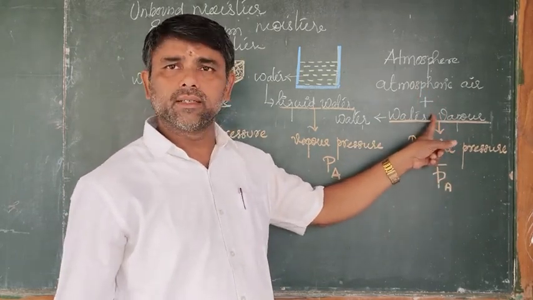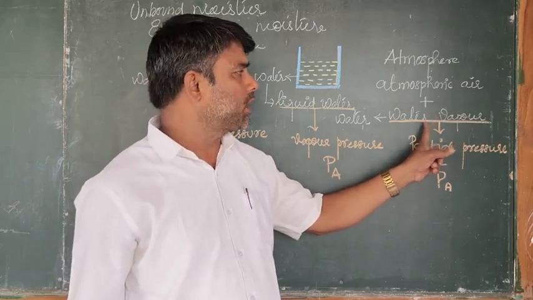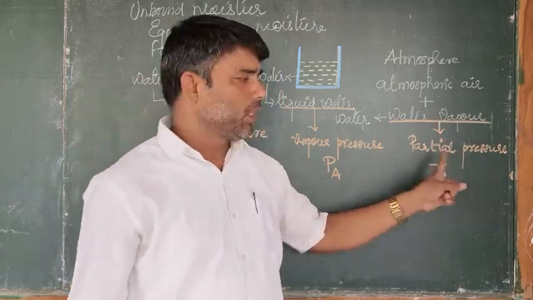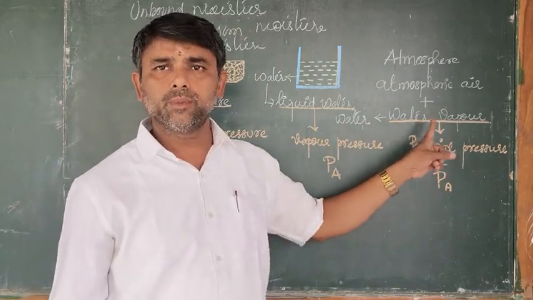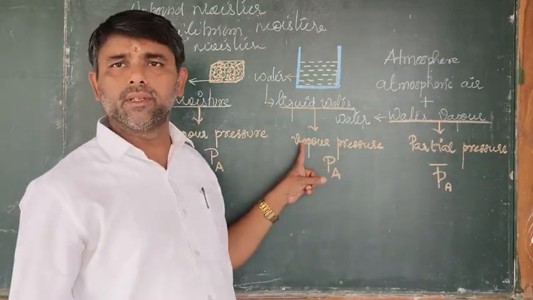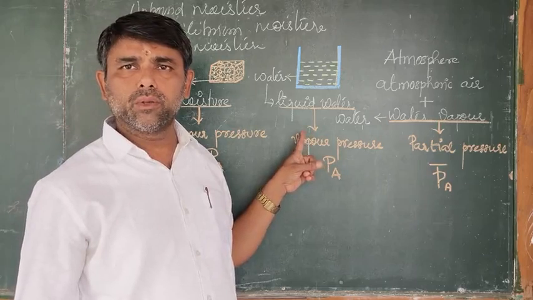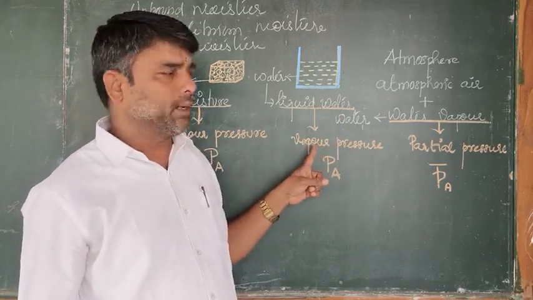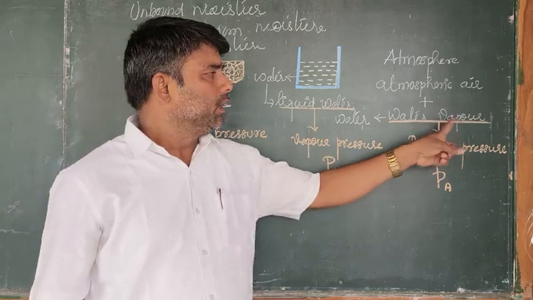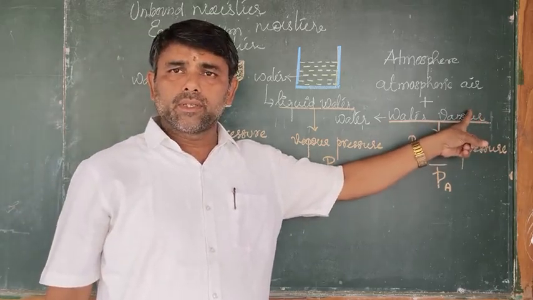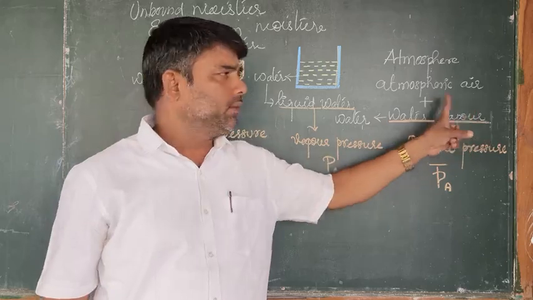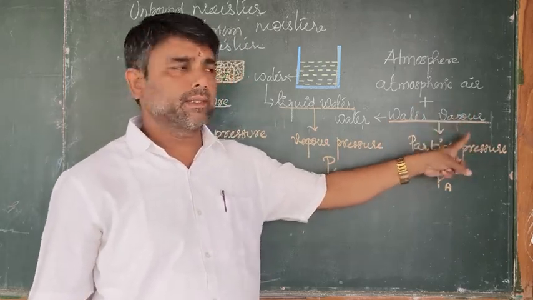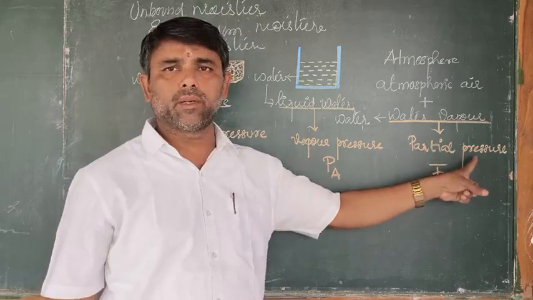This pressure exerted by the water vapor is called partial pressure. One is vapor pressure, another one is partial pressure. Vapor pressure means pressure exerted by the molecules in the form of liquid. Pressure exerted by the water vapor is called partial pressure.